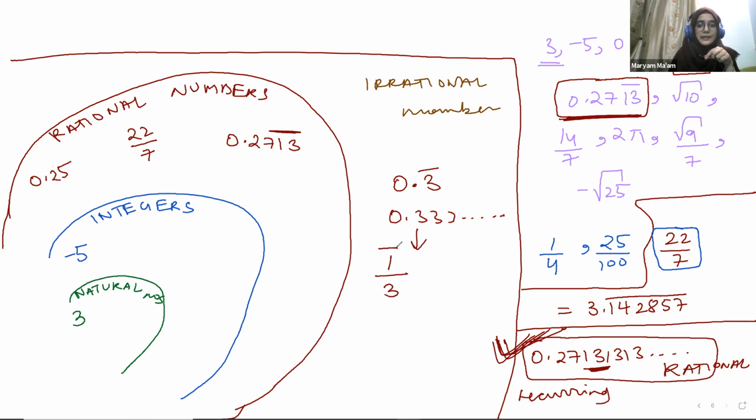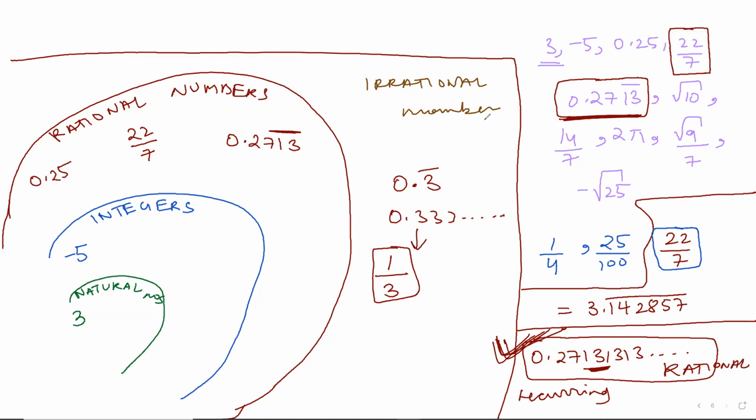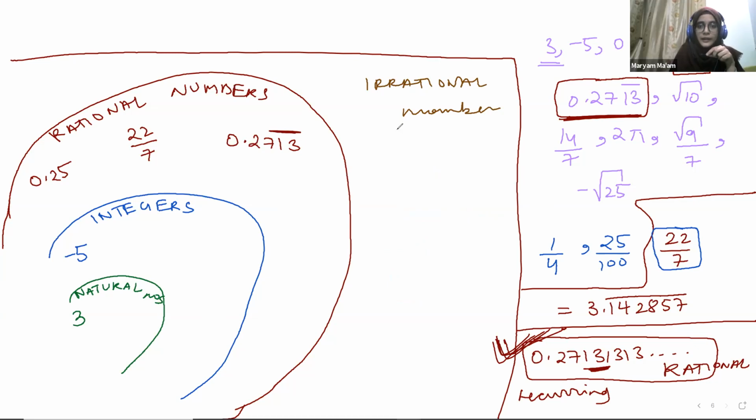Is that clear now? Are all non-terminating repeating decimals rational numbers? Yes. All non-terminating repeating decimals are rational numbers. Okay. Now let's take a look at root 10.